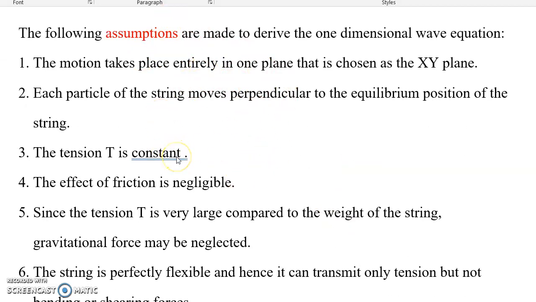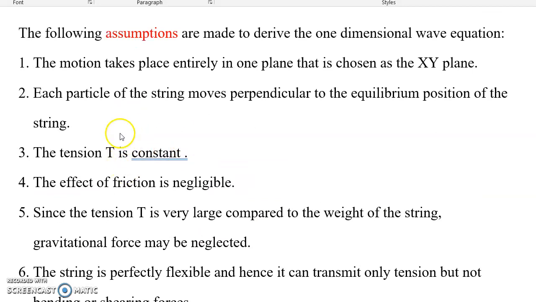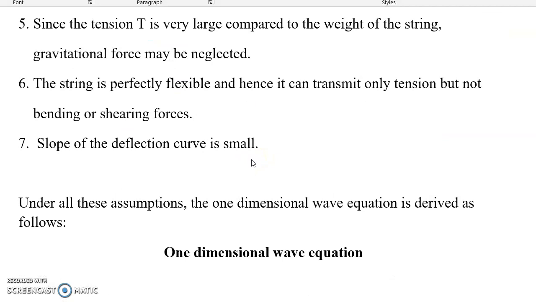The motion will take place only in one plane, which is the xy plane, and the tension T will be constant. Effect of friction is negligible, and the gravitational force will be neglected, and the slope of the deflection curve is small.